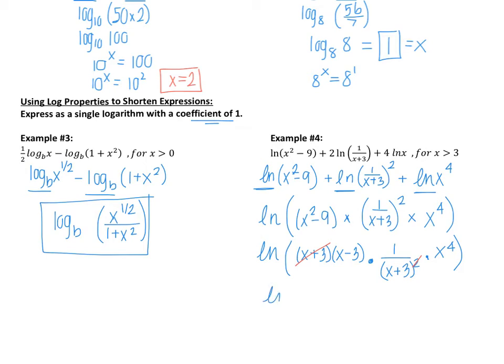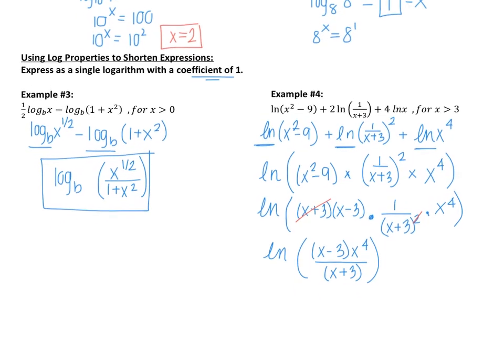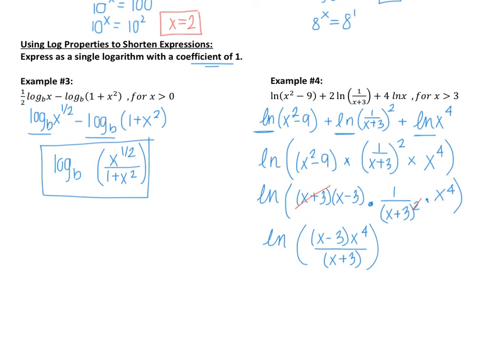So I'll be left with ln in the numerator, x minus 3 times x to the 4th all over x plus 3 on the bottom. You are more than welcome to leave your answer like that. If you want to go a little bit further, you could write it as ln of x to the 5th by distribution, 3x to the 4th over x plus 3. And that is how you took all these logs and shortened it into one single logarithm.